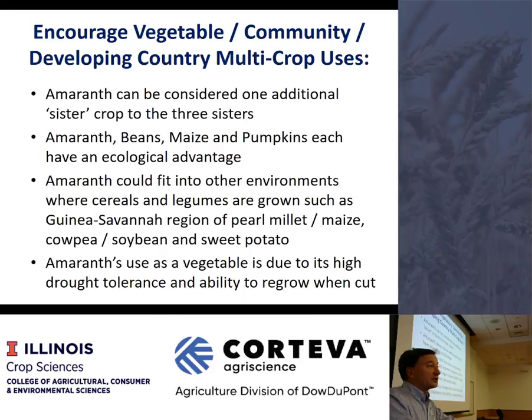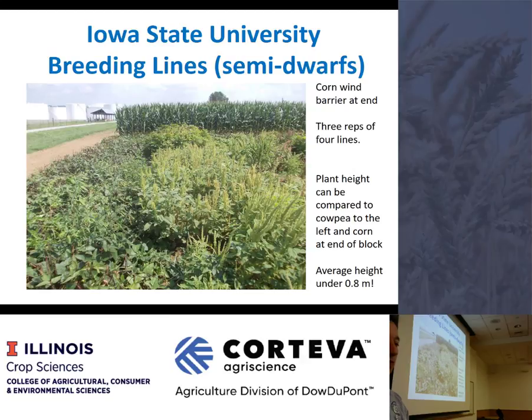So you could think of systems for farmers that would be holistic and that would include amaranth as an extra food source. And amaranth is great as a vegetable due to its high drought tolerance and ability to regrow when it's cut. And pretty much any young amaranth can be used as a vegetable, as long as it doesn't have spines this long.